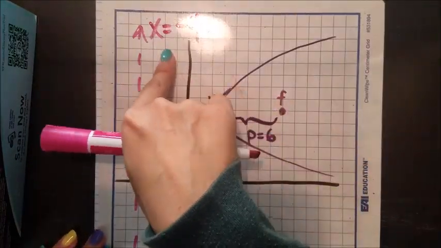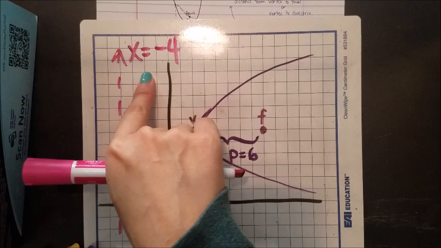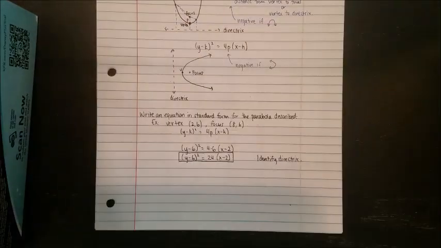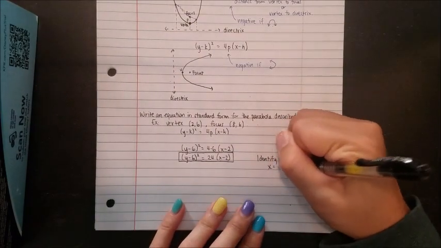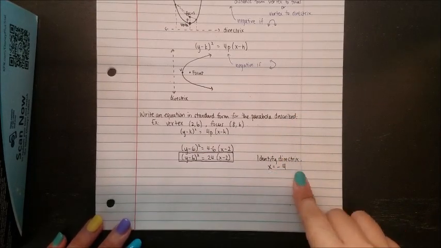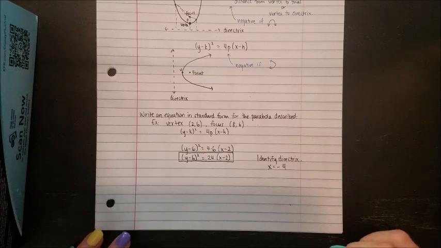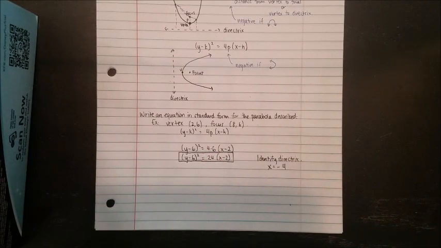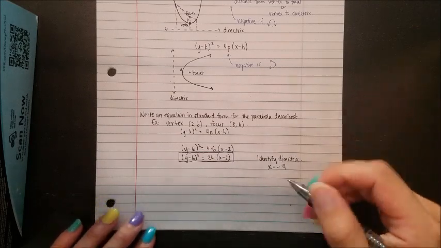So this is the equation of the directrix. If it was a horizontal line, it would be y equals whatever. So to identify the directrix, x equals -4, because we just counted whatever p was, that distance away from the vertex in the other direction from the focus. Okay, let's do another one.